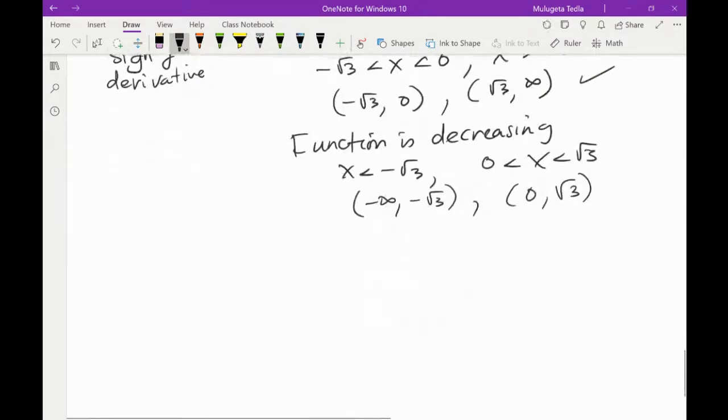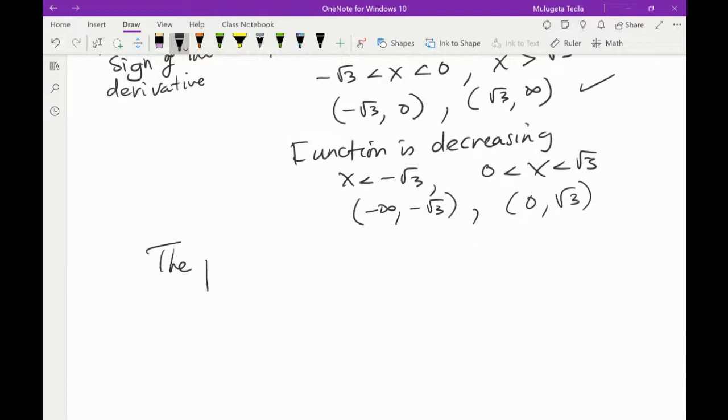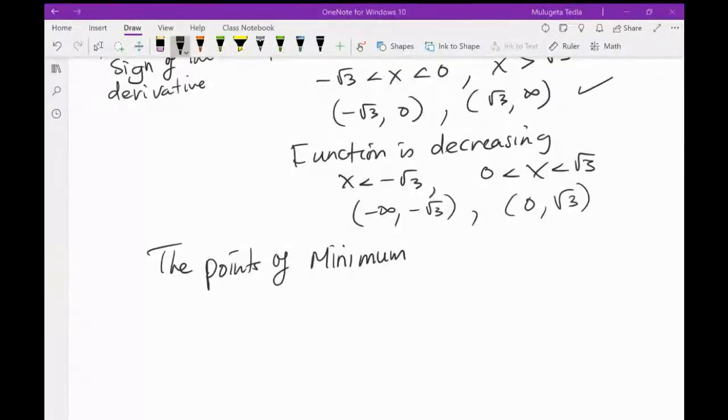So therefore, you can tell me the points of minimum. Give me 1 second.